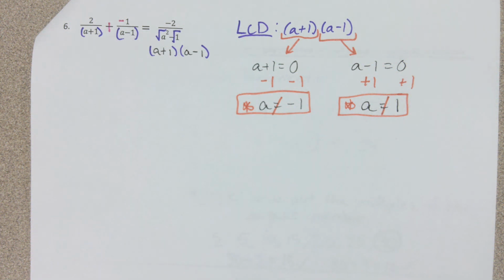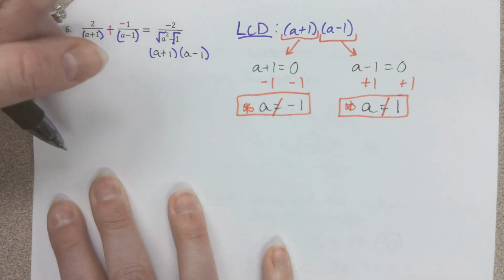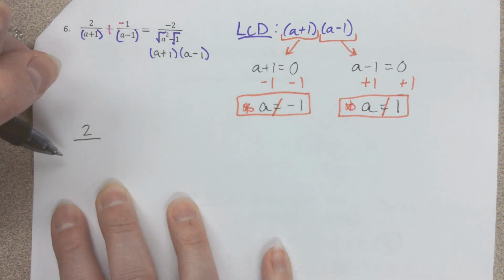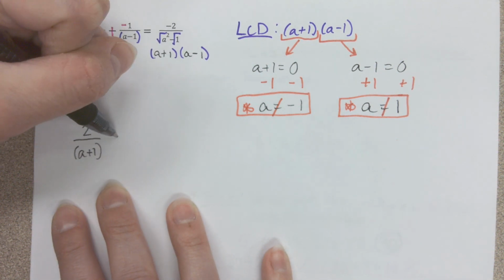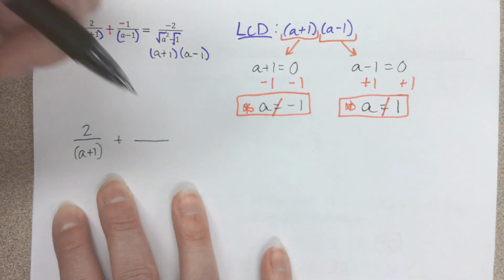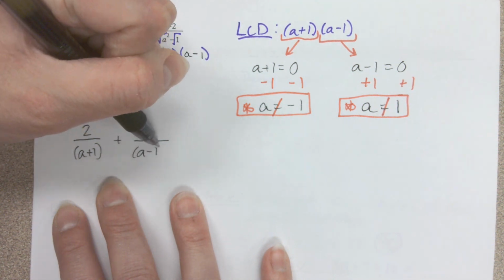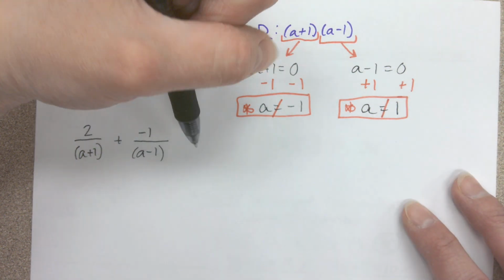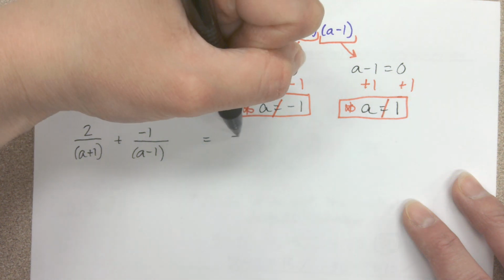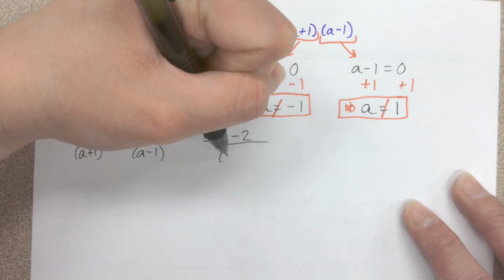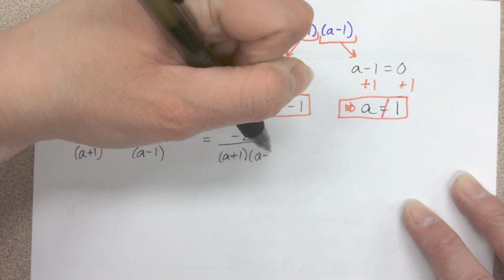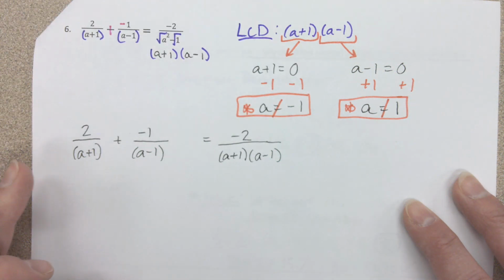Now that we've looked at extraneous solutions, we can go back and solve the problem like usual. I will write the problem down again. 2 over A plus 1 plus negative 1 over A minus 1, leave a little space, equals negative 2 over A plus 1, A minus 1.